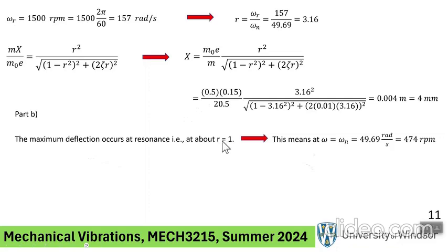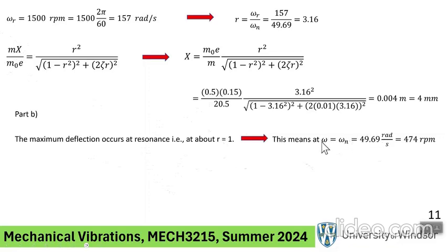But anyway, remember, when R is equal to 1, we get the maximum deflection, maximum value of X, the peak. And when R is equal to 1, omega is omega n, right? And what is omega n? 49.69.